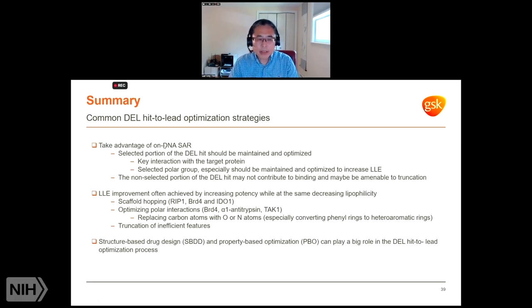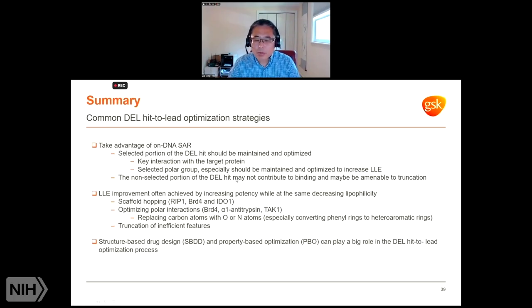By utilizing this information, when we do the analysis, we identify the parts that we call the selective part, and the other part we call the non-selective part. The selective part usually indicates there's a specific interaction with the protein. So this is the part you really want to focus on, to maintain this interaction and optimize it for better potency, especially trying to optimize some polar interactions.